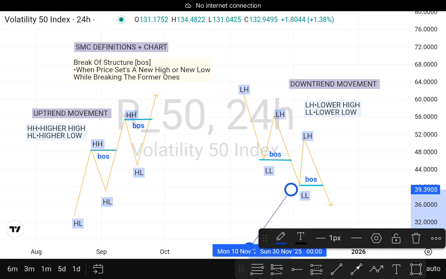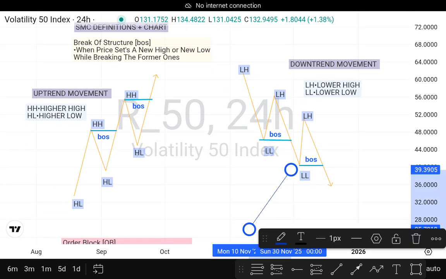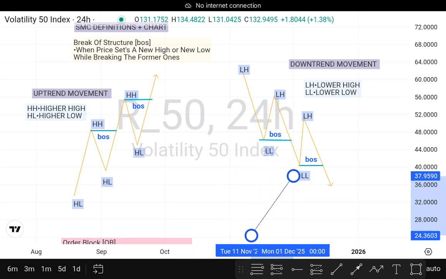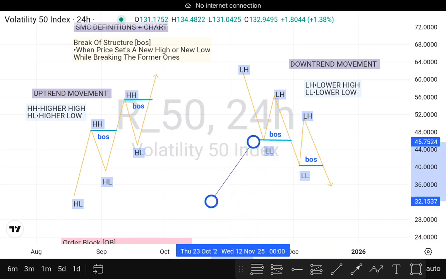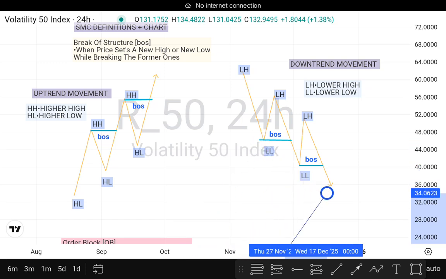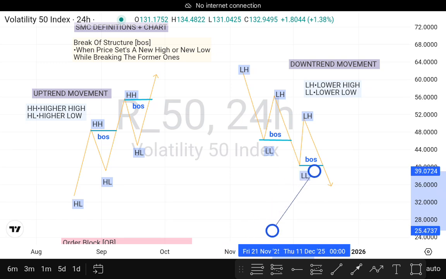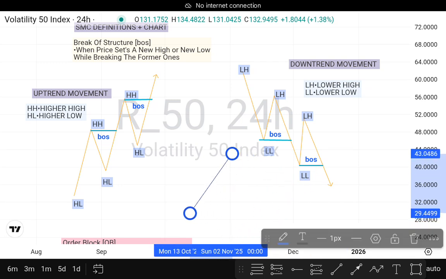In order for you to mark it as a break of structure on a downtrend, the new low must be lower than the previous low. That's how we mark this one as a break of structure. As you can see, this low here is lower than this one. That's why we mark it as a break of structure.